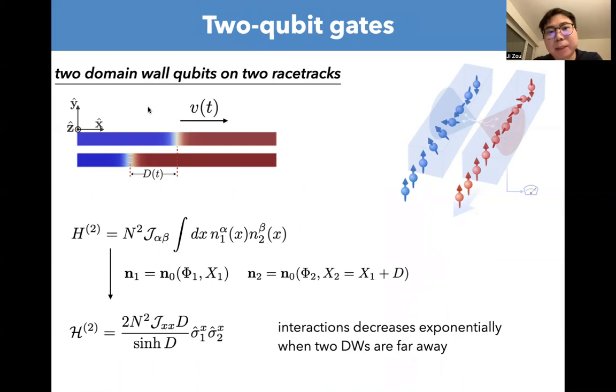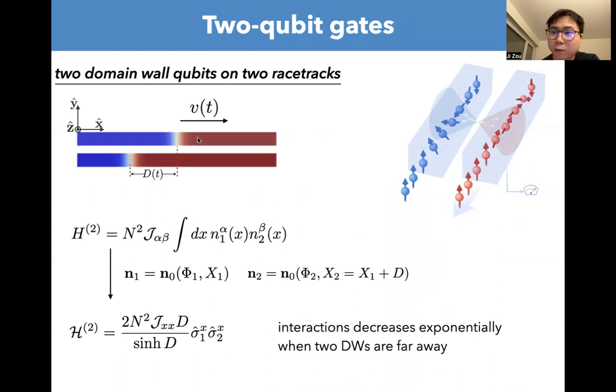Okay, so to implement the 2-qubit gates, we need to consider 2 parallel racetracks. In this case, generally speaking, the interaction between these 2 racetracks would be in this form. Here, alpha and beta are spin indices.